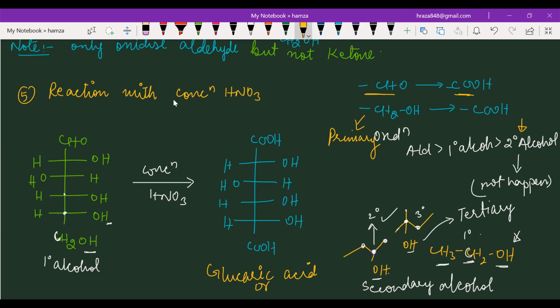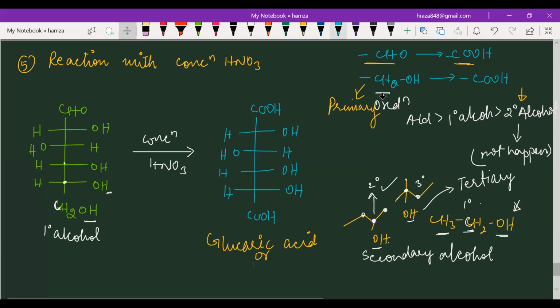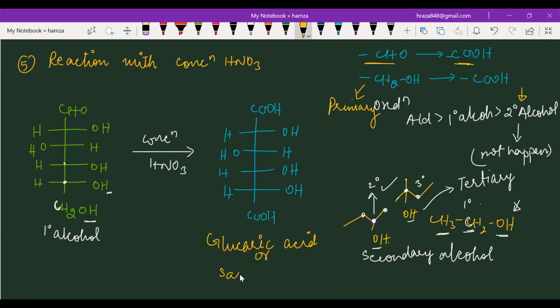Or also known as saccharic acid. Please write this. Then we are left with only 4 more reactions.